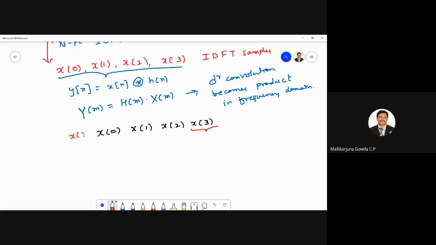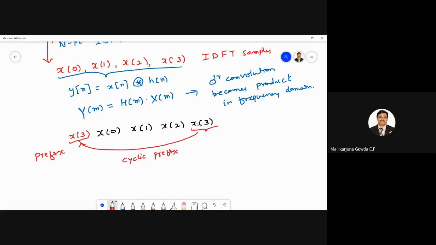So I am prefixing the last symbol. This one I call the cyclic prefix. I'm adding it at the beginning, taking some portion of the symbols and prefixing it. So this is known as the cyclic prefix. The length of the cyclic prefix we'll see later on.